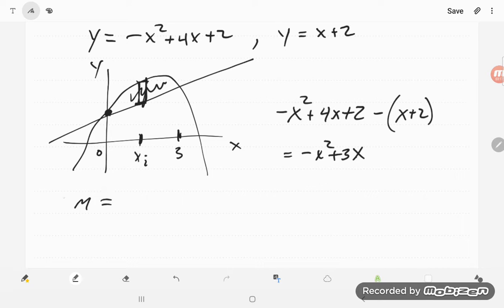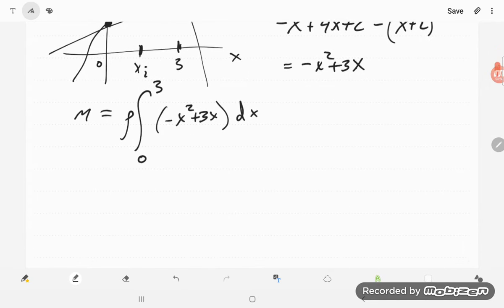And so our mass is just adding up all those rectangles. So we have 0 to 3. Again, they tell us it's a constant density rho. And so 0 to 3, and then we take that representative height, minus x squared plus 3x, and multiply by the width, the dx, and we just add all those up.